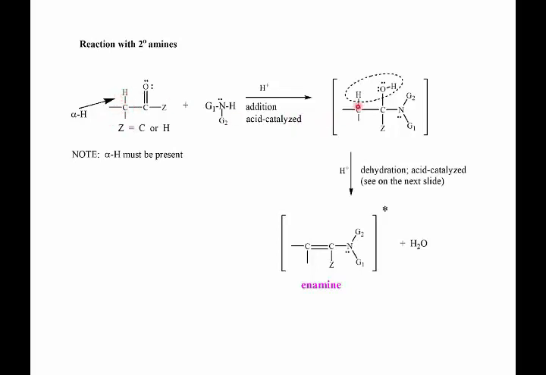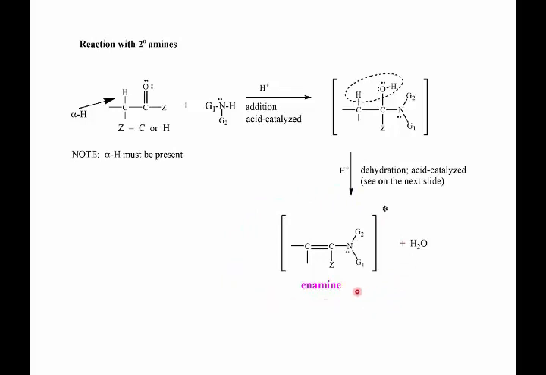This alpha hydrogen is going to eliminate with the OH, breaking off a water molecule and leaving a double bond, not between the C and the N, but between these two carbons. And this is yet a new and different functional group for us. This is called an enamine, and I want you to learn this.